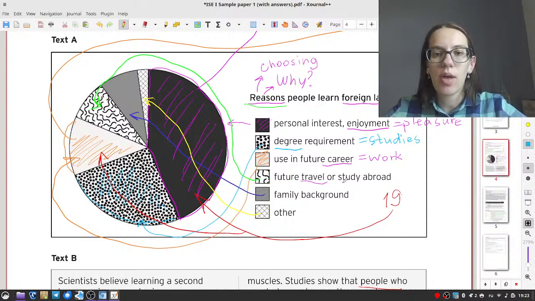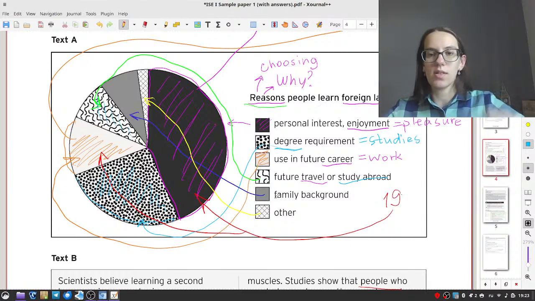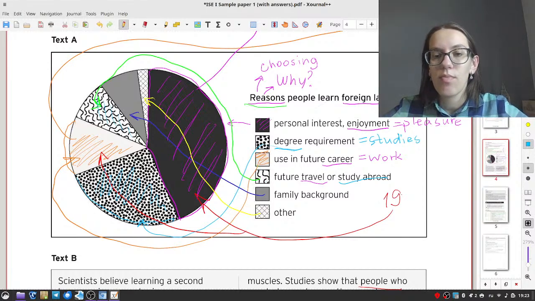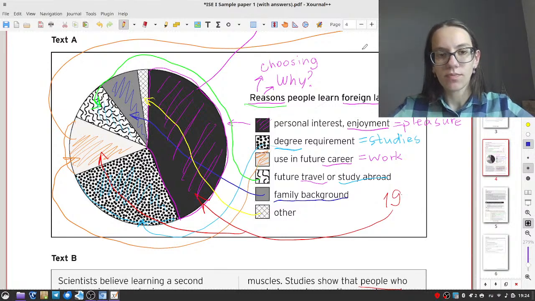And also, in fact, future travel or study abroad, we could say that this part here is also to do with studies. And the other thing that we compare it with is family background. And family, well, for their families, this is family background, so it's this part here. Now, is it true?